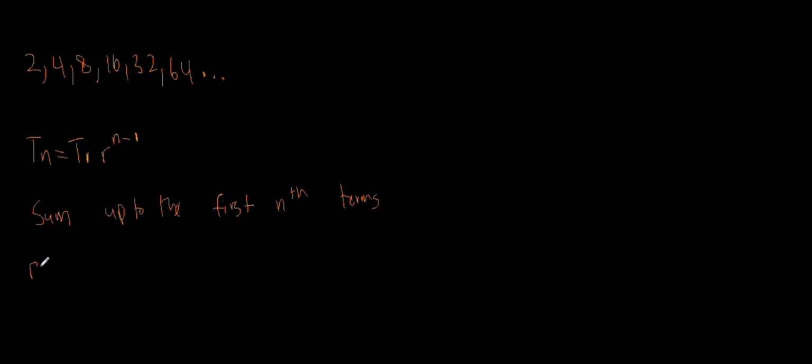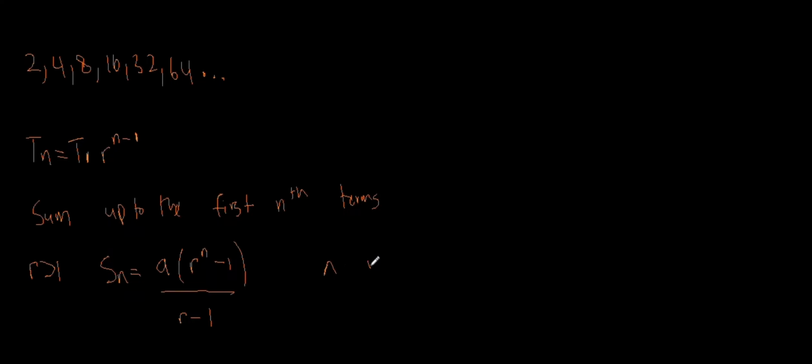If the common ratio is greater than 1, or positive, we get this formula. The sum of the n terms is a, the first term, into r to the power n minus 1, all over r minus 1.